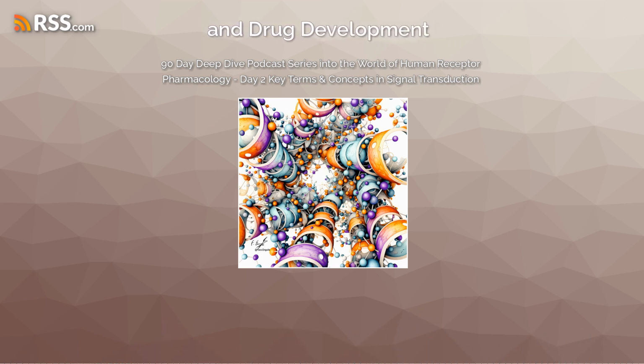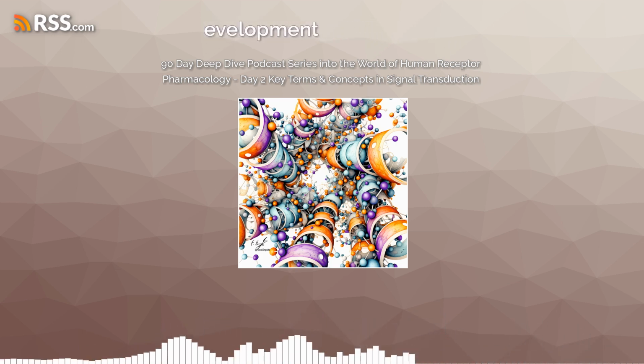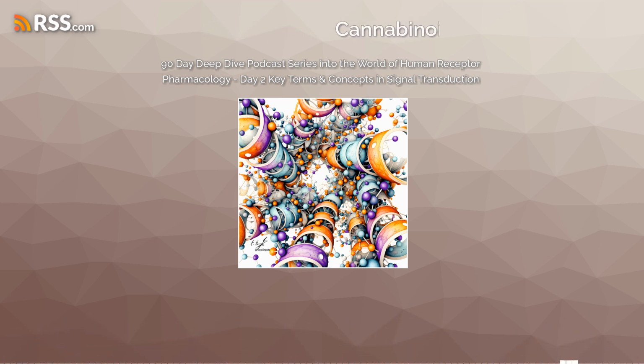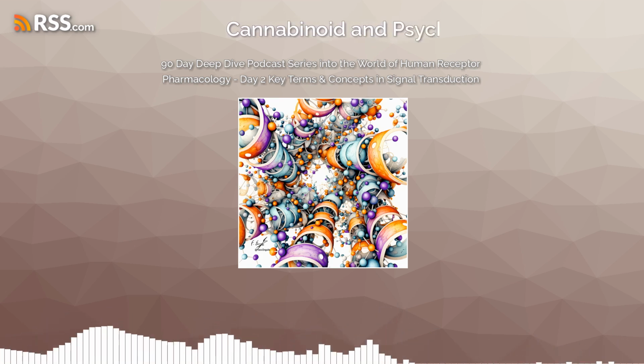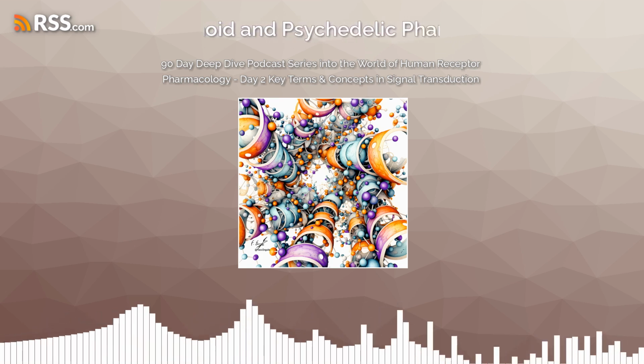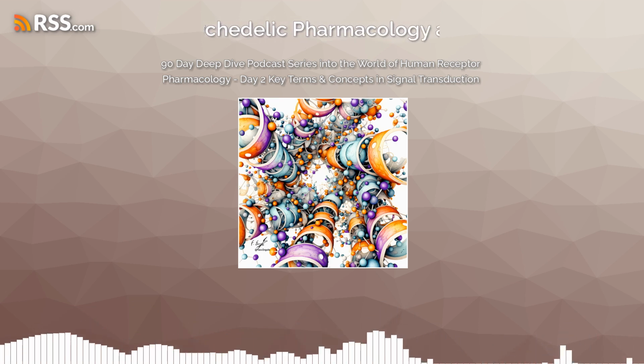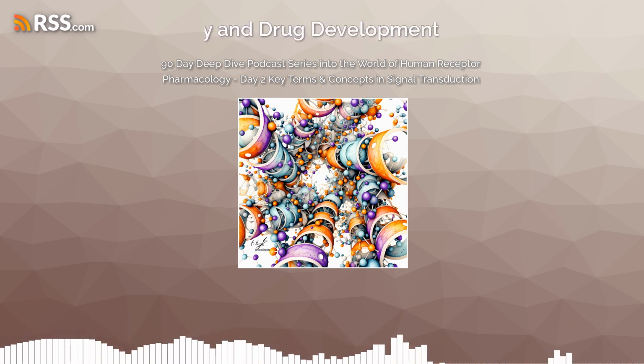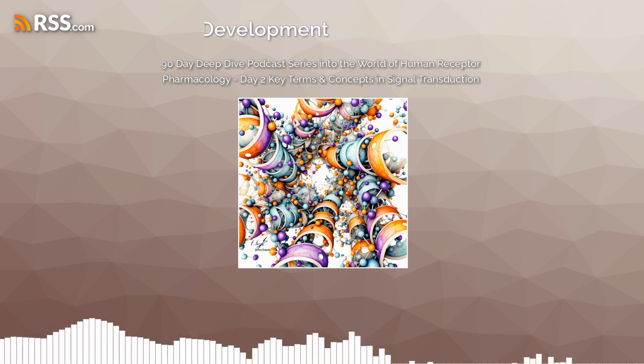Imagine designing drugs that specifically target these constitutively active receptors. That's fascinating. So you could potentially develop drugs that either enhance or reduce that constitutive activity, right? Right. And that would fine tune that receptor function in a very precise way.